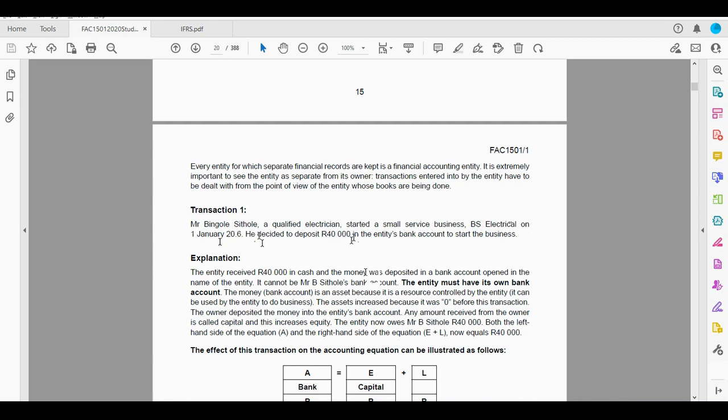So now how are we going to record this one? He started a business with his money, 40,000. So this looks like equity. Remember we said if someone starts a business, that money goes to equity.